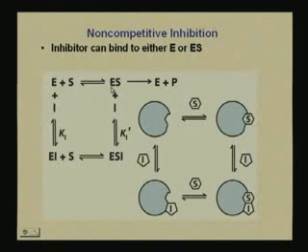Okay, because you have to have the enzyme-substrate complex that is going to dissociate to form the product. So neither will the EI complex give you the product, nor will the ESI complex give you the product. It is only the ES that is going to give you the product. Okay, so we only have this complex that is going to give us the product. This is not going to give the product.